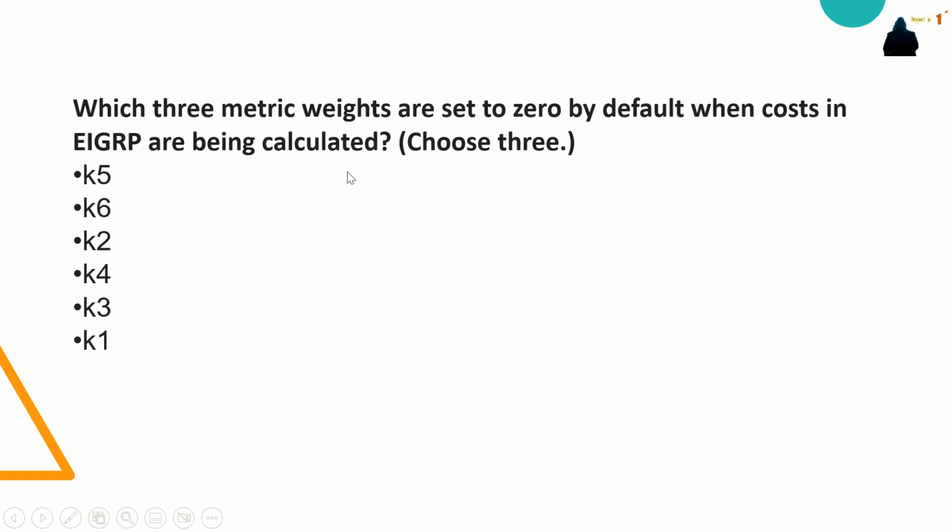Which three metric weights are set to 0 by default when cost is EIGRP metric being calculated? We have talked about that before, and only K1 and K3 are 1. We have K1, 2, 3, 4, 5, and only K1 and K3 are 1, and K2, K4 and K5 are 0.